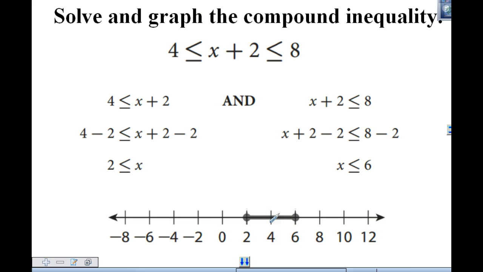Here's a plain example of what you're going to be doing. It looks like your homework question. You'll have an and statement, and one thing you can tell right away: if there is no word here, it's an and. Note how we break it up into two inequalities.